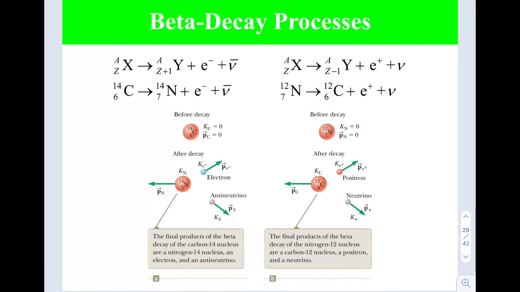If the parent nucleus decays by emitting a positron, or positive beta, and also a daughter nucleus, it must be followed by a neutrino. So nu here having no bar is known as the neutrino. This one is neutrino, and this one is anti-neutrino.